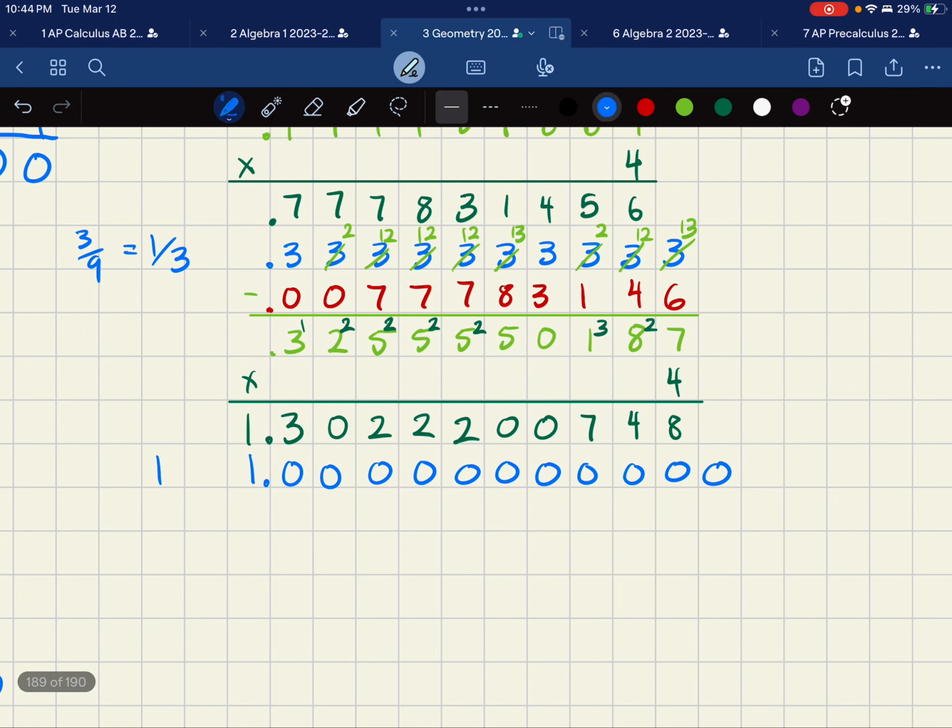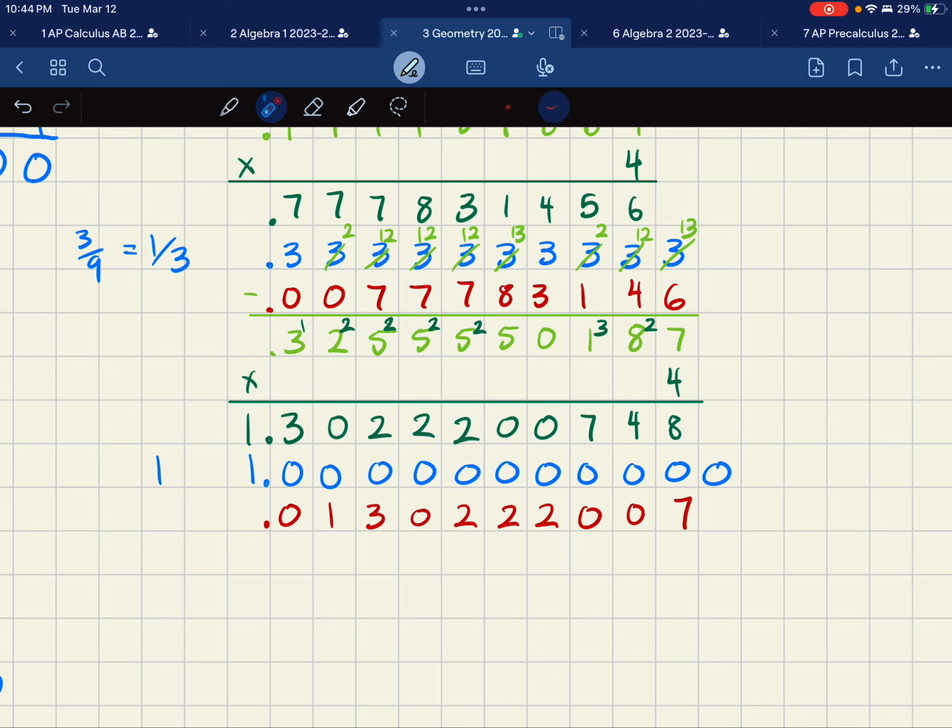And this number over here is going to be 0.01302220007. Okay, and then this number here is going to get rounded to a 5. And we're going to do a subtraction problem now. All right, everything needs to be carried here. So this is going to be a 10, and then everything else is going to be a 9.